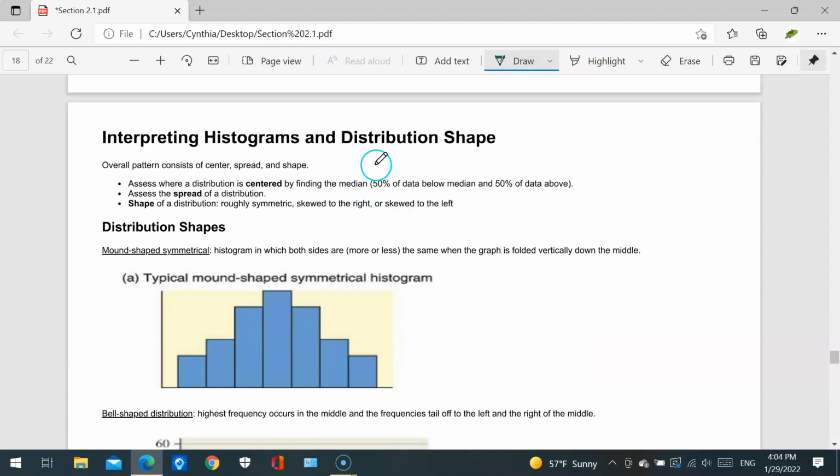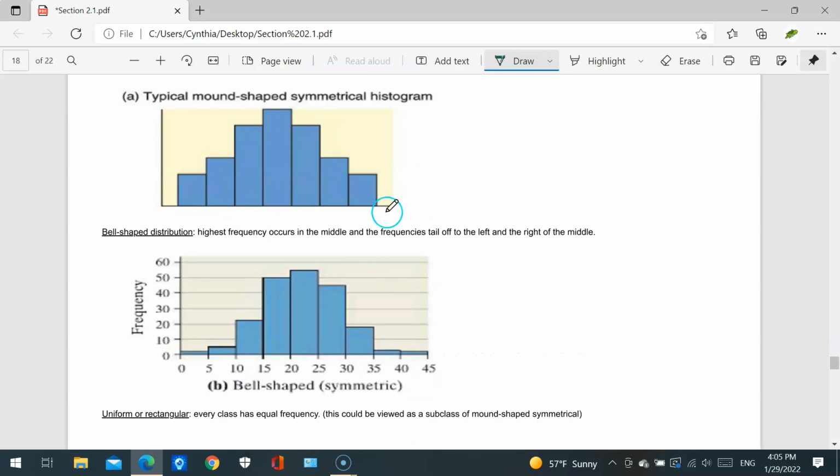Interpreting the histogram and the distribution shape. Now, these two graphs look very symmetrical, right? But the difference between A and B is that A has the symmetric pattern, which is, if I draw the middle line that represents the middle of the graph here, if you look at both ends of the bar graph, they are exactly the same.